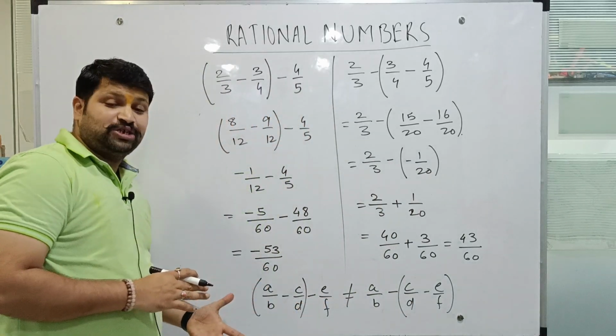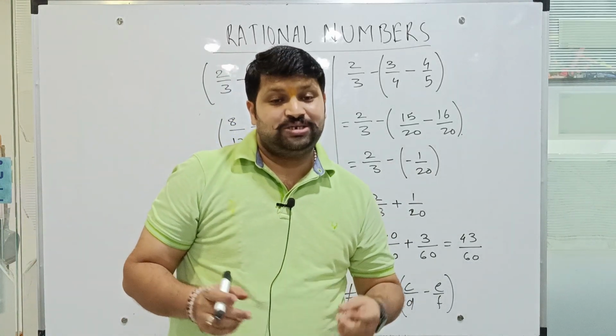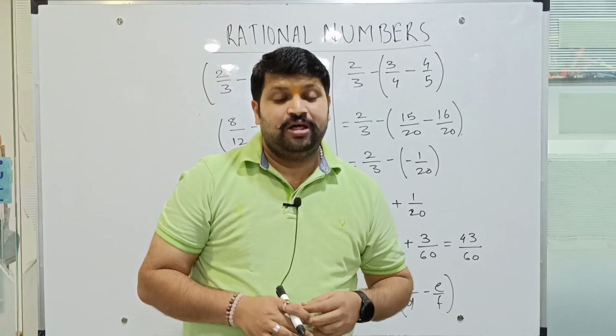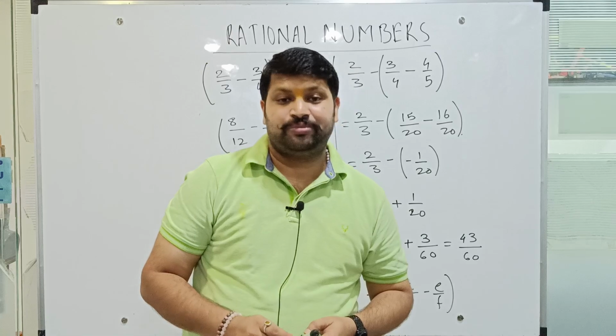So when we do subtraction of rational numbers, we have to keep the order in our minds. We have to also keep the grouping intact. You change the grouping, the answers would be different.